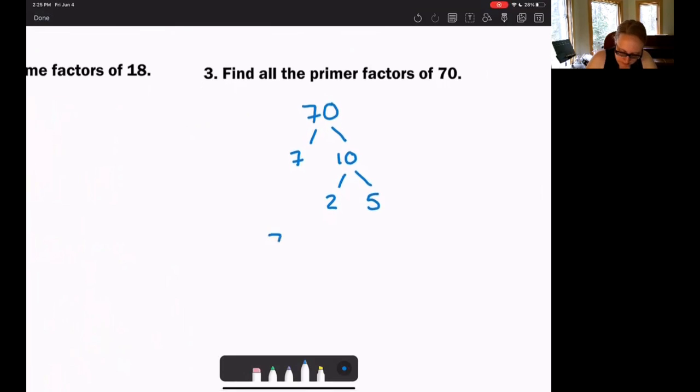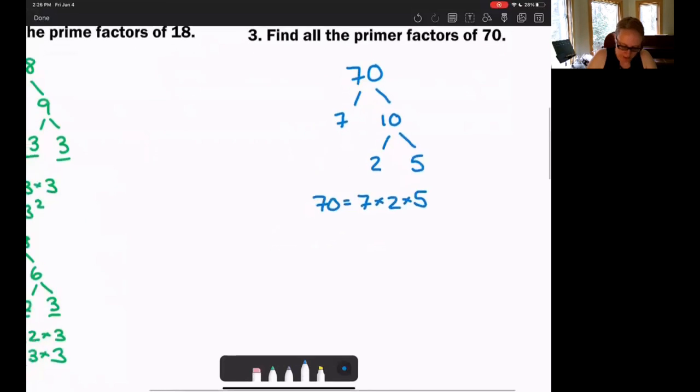So we end up with 70 is 7 times 2 times 5. Now you might be saying, well, that's all well and good. I can find the prime factors of a number, but why would I want to? Well, doing the prime factors and doing a tree like this can really help you with greatest common factor. It can also help you with least common multiple, but today we're going to talk about greatest common factor.